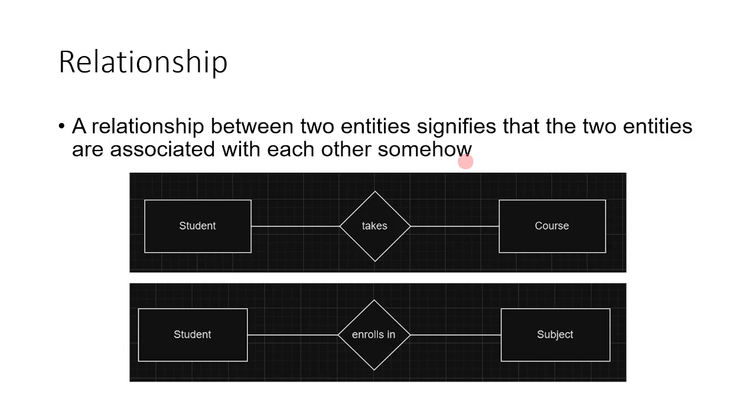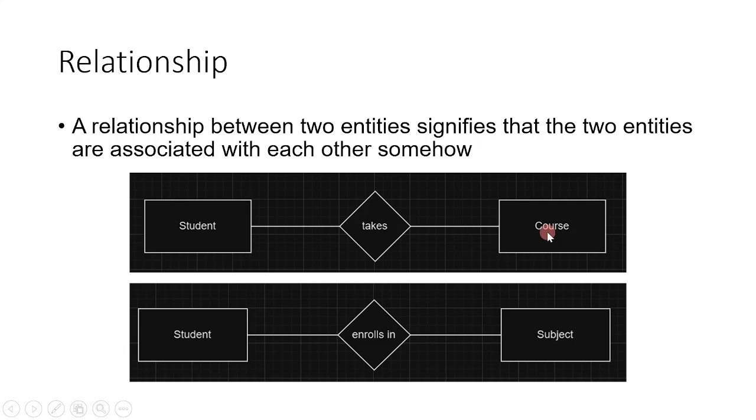Okay, in our previous examples, we have the students and subjects database. Okay, so we have here a student entity and our course entity. So there exists a relationship between our two entities. Okay, and they are represented with this symbol. Okay, it is a diamond connected with a line. So meaning student takes course.